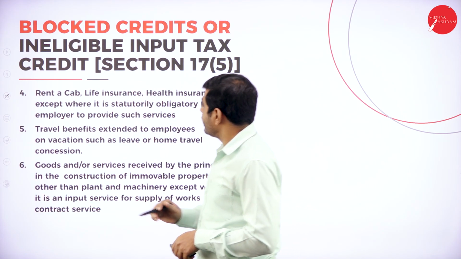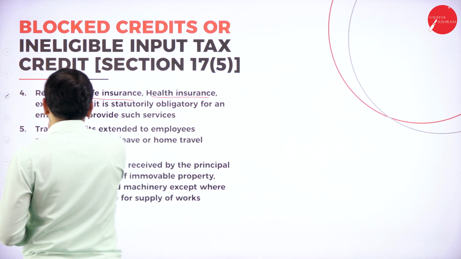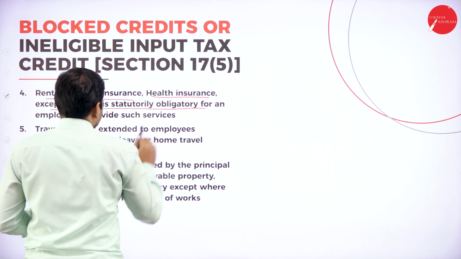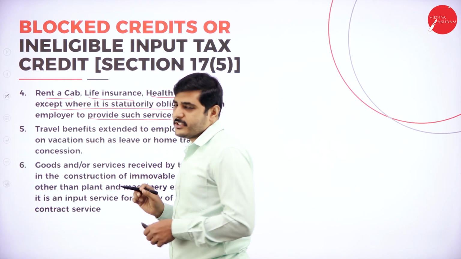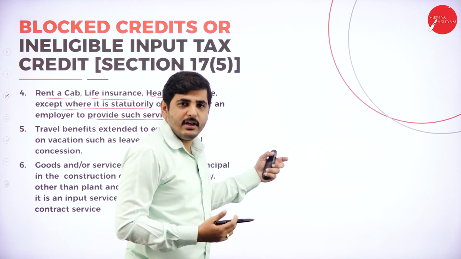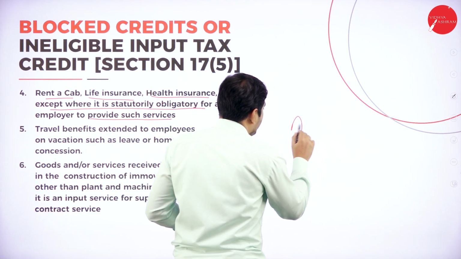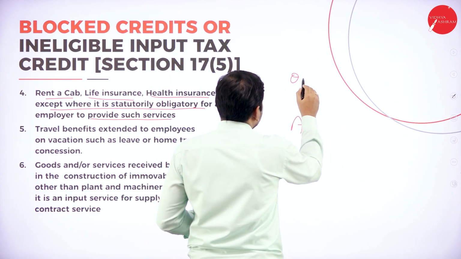Next point, rent a cab, life insurance, health insurance, except where it is a statutory obligation of an employer to provide such services. For example, I am an employee in an organization. So let's assume A is an employee in an organization or institution.